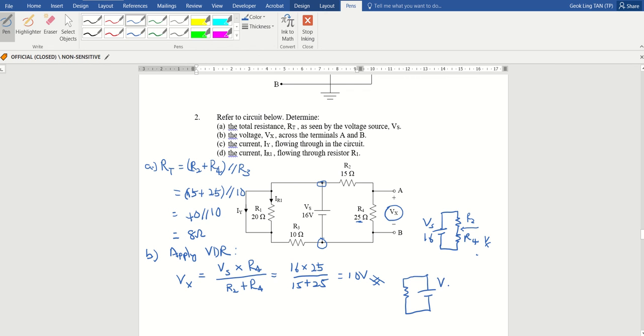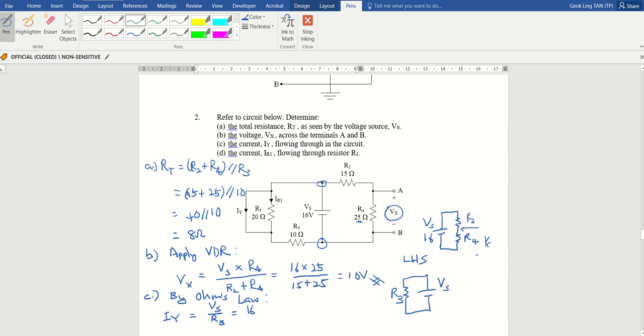If you simplify the diagram, the voltage drop across R3 is Vs. So part C, by Ohm's law, Iy equals Vs over R3.